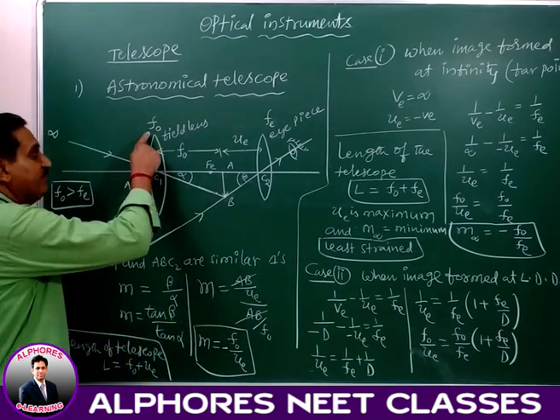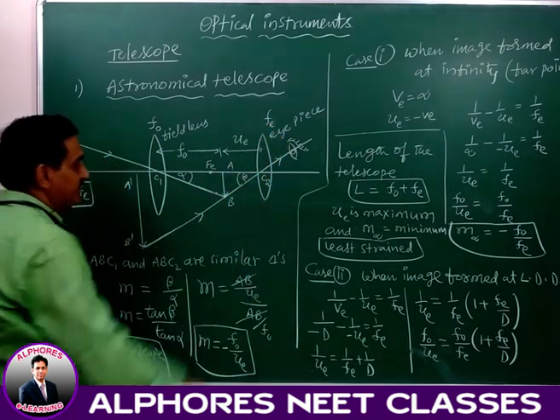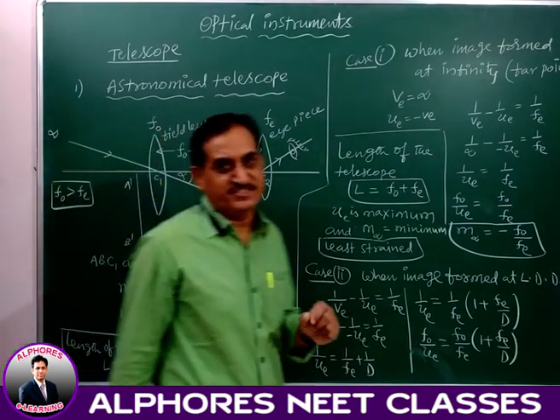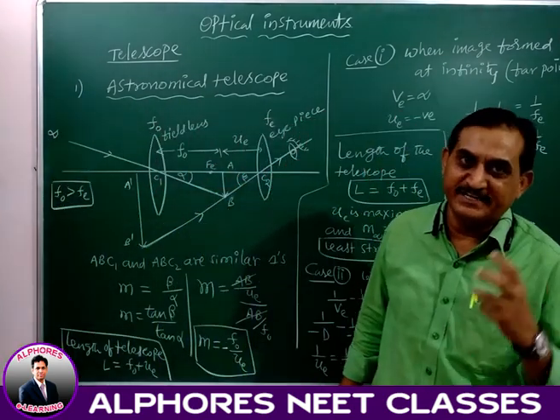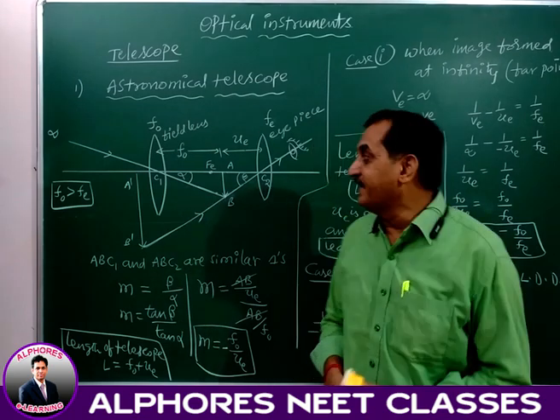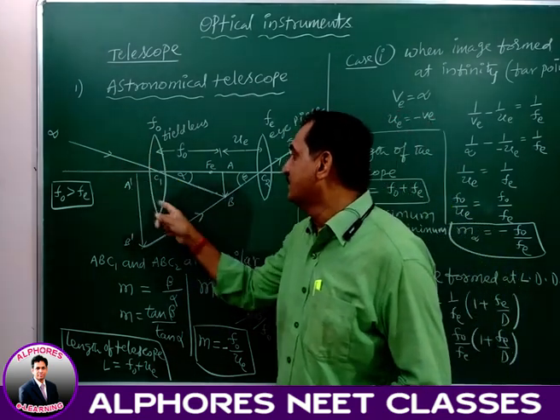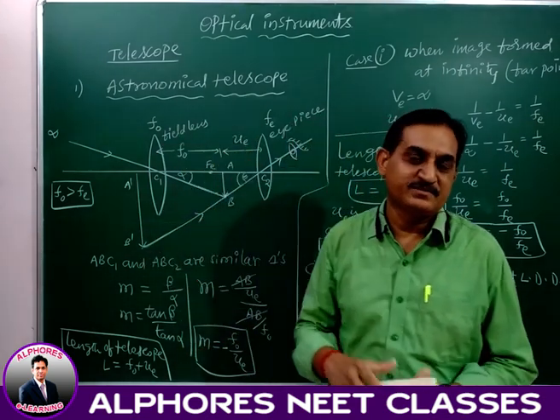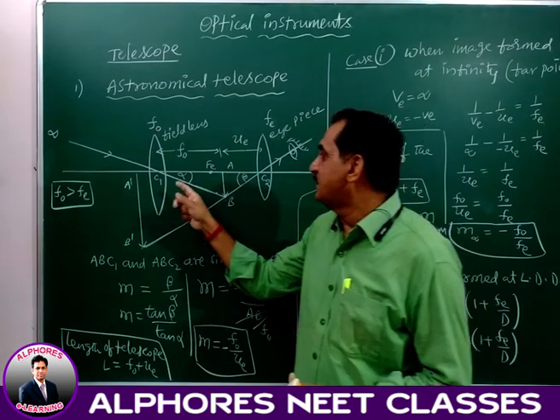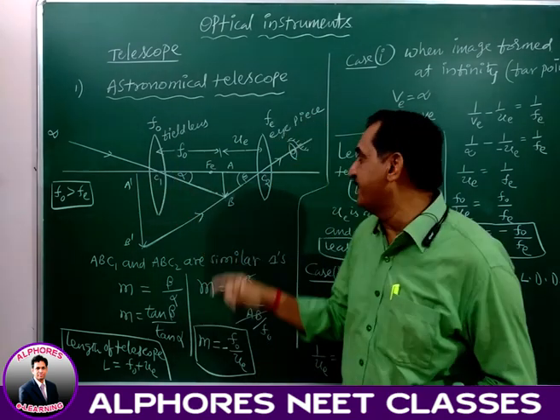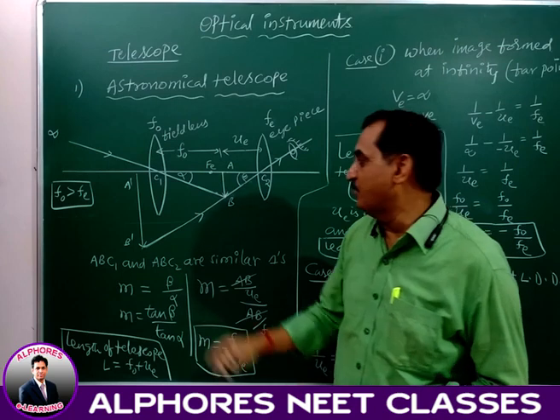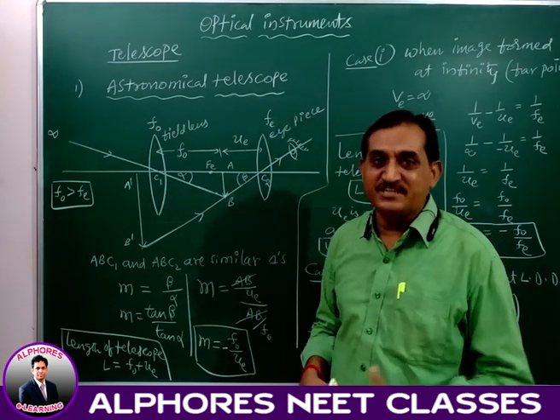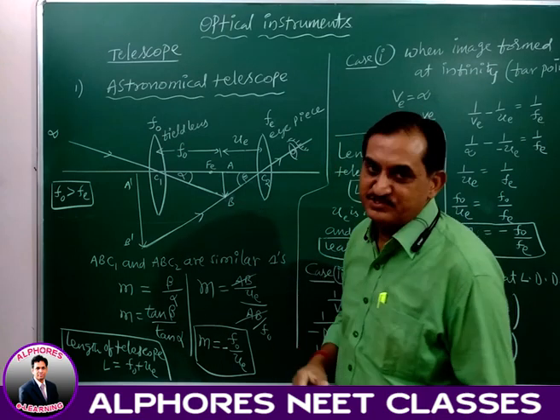Its focal length is f0 and the eyepiece focal length is fe. The field lens has greater aperture, greater size, due to which a greater number of light rays are covered, which are going to be incident on this objective lens. And it is of greater focal length compared to the eyepiece. So the objective lens has greater focal length and also greater aperture compared to the eyepiece.